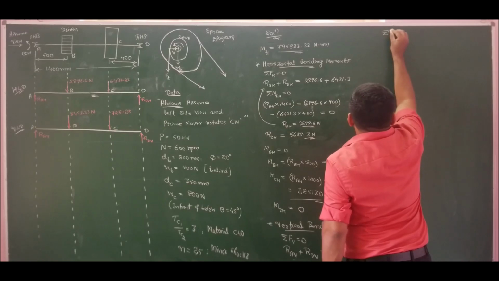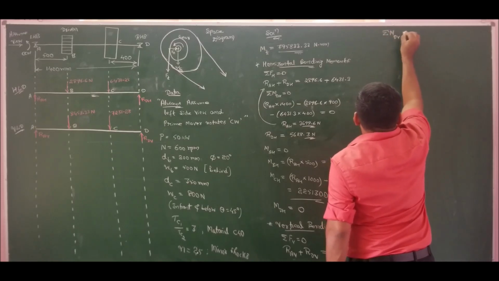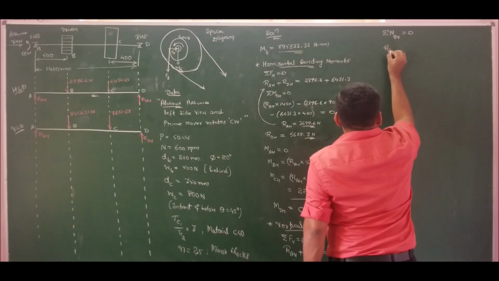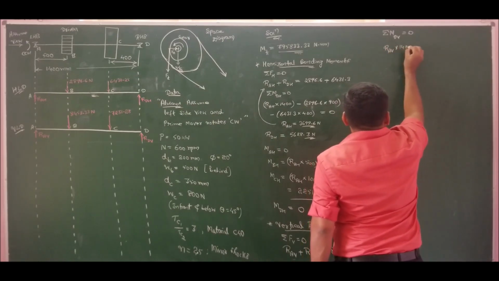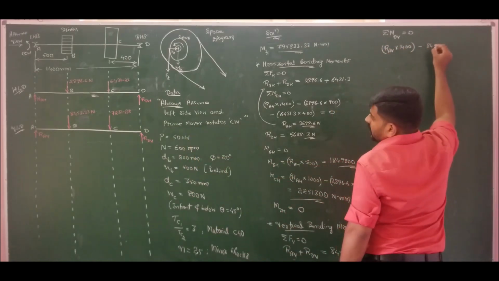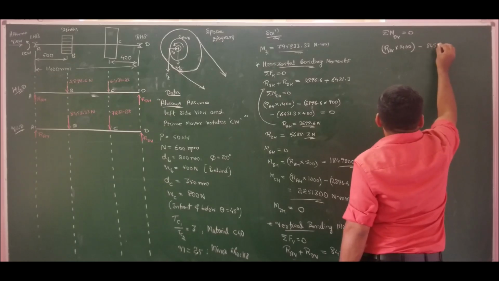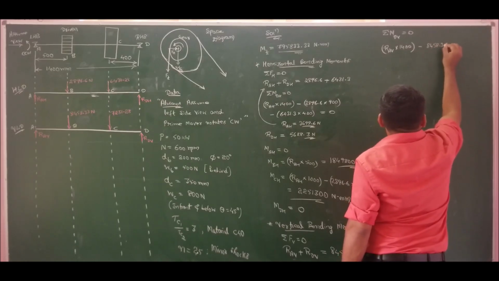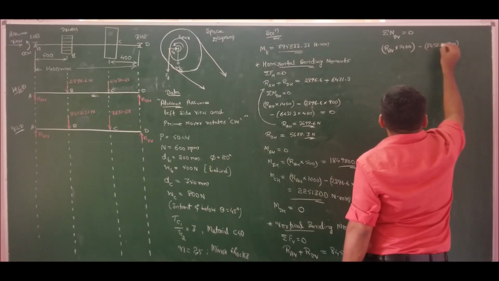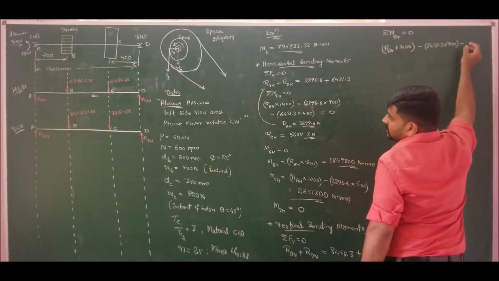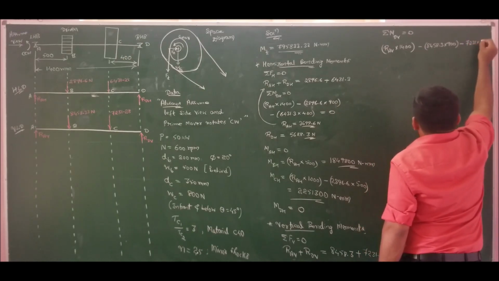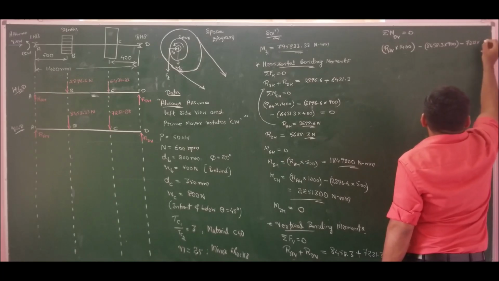So I will get RA vertical into 1400 minus 8458.3 into 900 minus 7231 into 400.